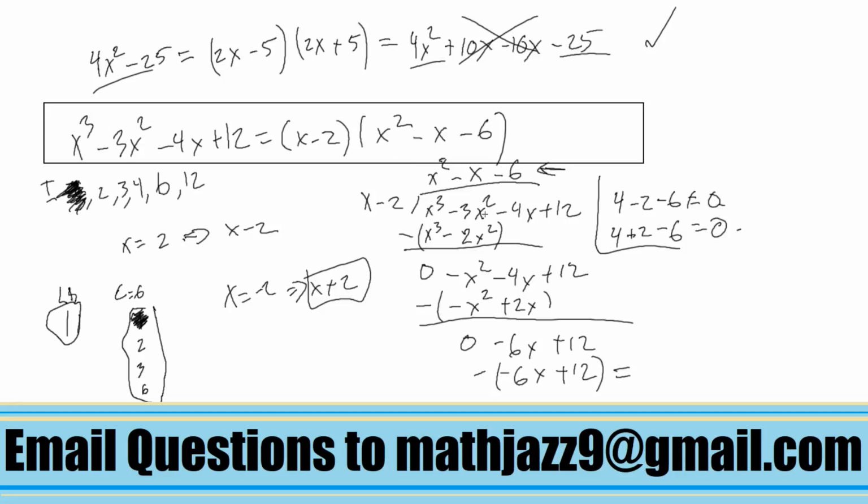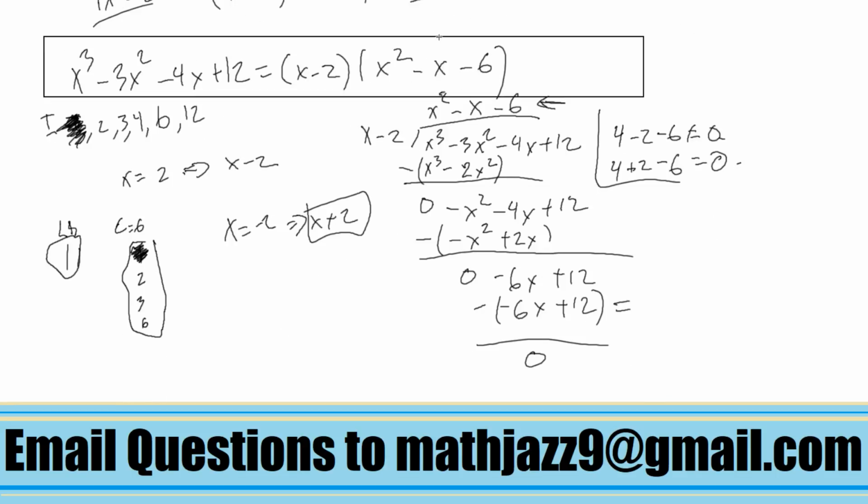So we divide this out again. However, we can probably see, looking at this, if we know one of the factors is x plus 2, we know that 2 times something has to equal 6, that something being the constant term in our other factor. 2 times 3 is 6, so 3 is the other term, and because this is a negative, there has to be a negative somewhere in the factorization of this.